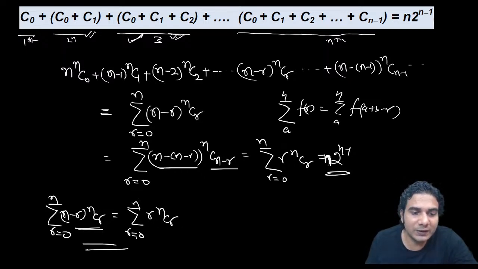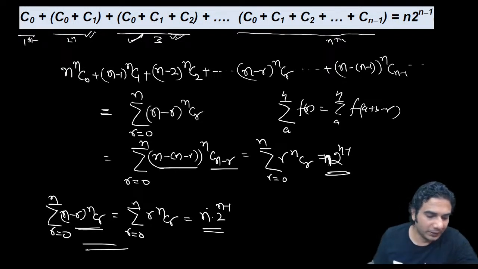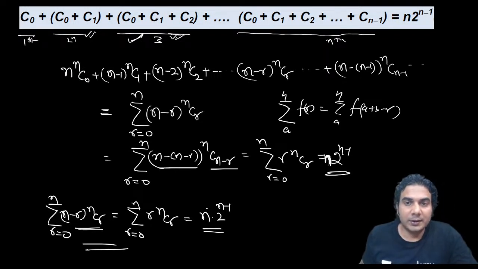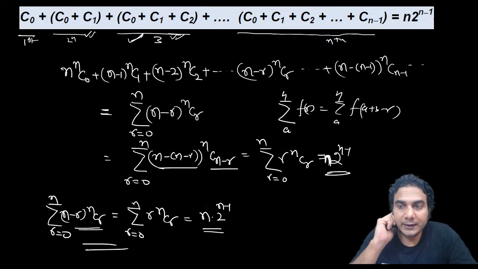These two are the same; this is just the reversed, flipped series. If one starts from nC(n minus 1), the other starts from nC0. The sum will remain the same. So this was the sum, n into 2 raised to n minus 1.